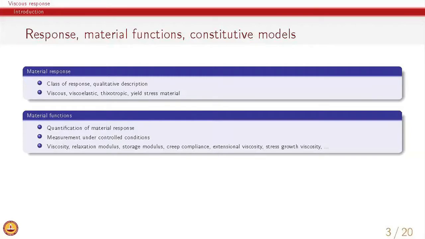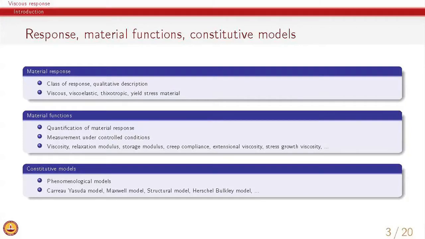So, we measure the properties under these controlled conditions, and the properties are quantified in terms of material functions. For example, viscosity, which we know as a material constant for Newtonian fluid, in today's lecture we will see is actually a material function which characterizes the overall viscous response of a material. Similarly, later on we will define material functions such as storage modulus, extensional viscosity and so on.